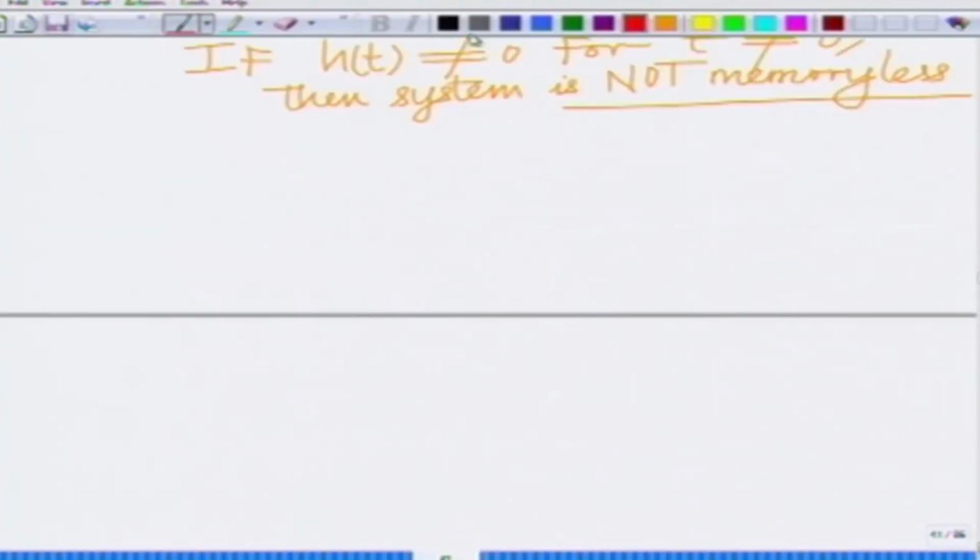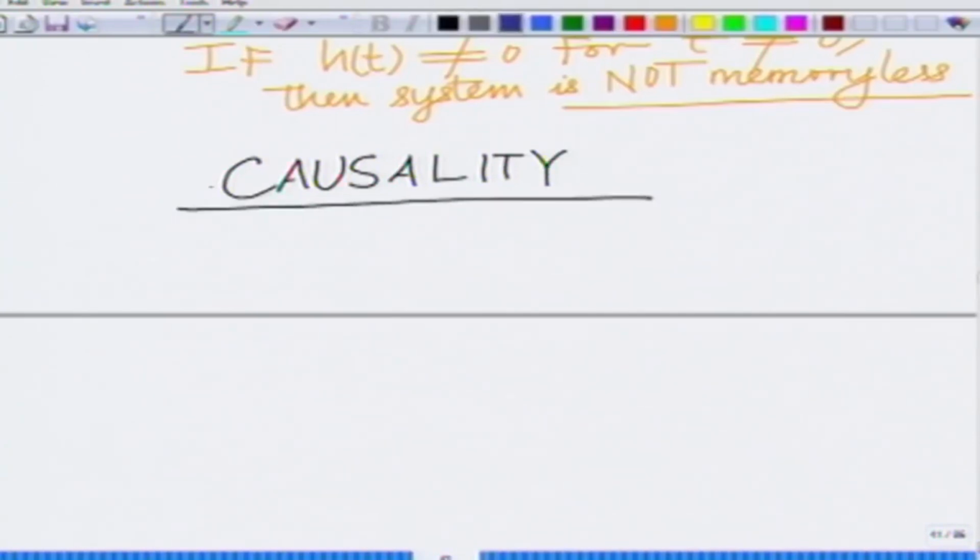Now causality, another important property of LTI systems, is causality or a causal system.